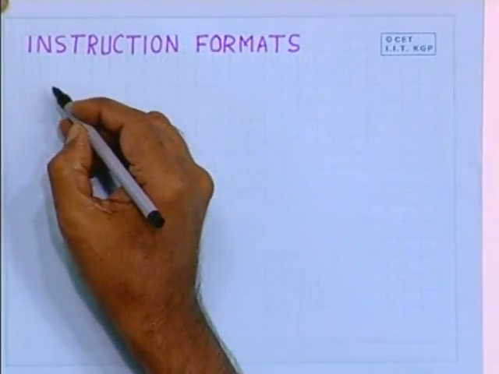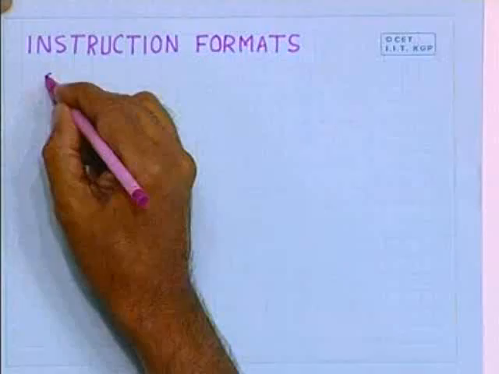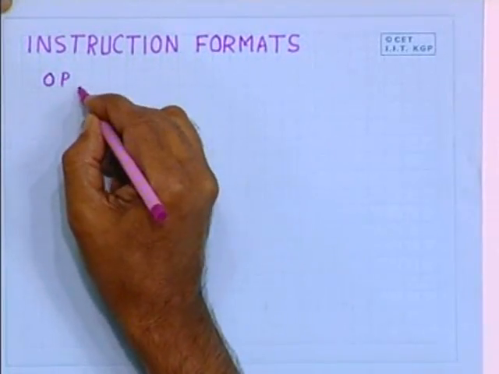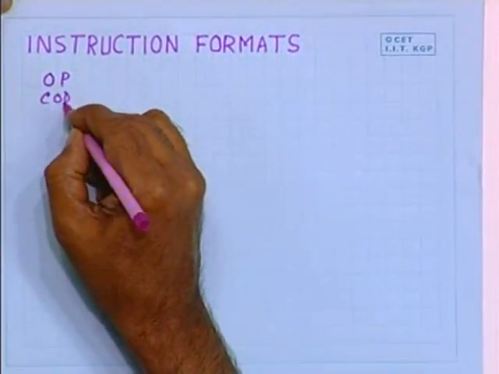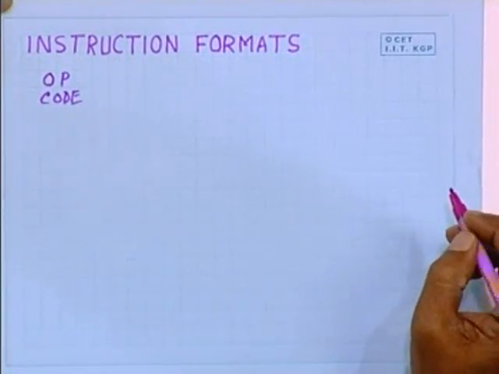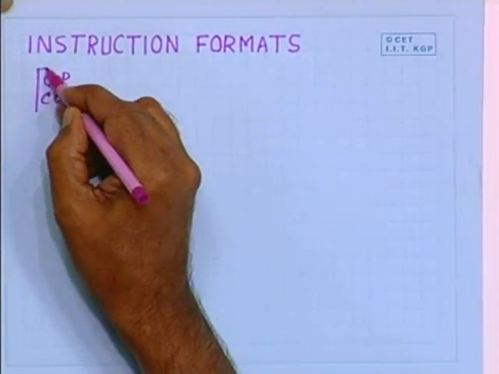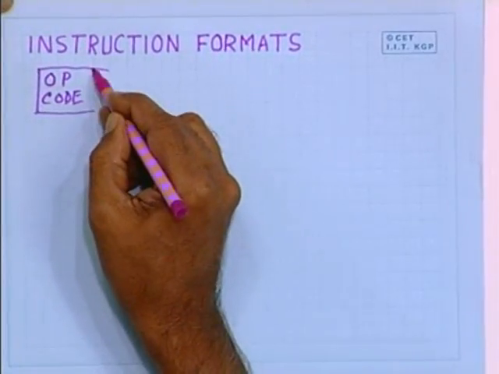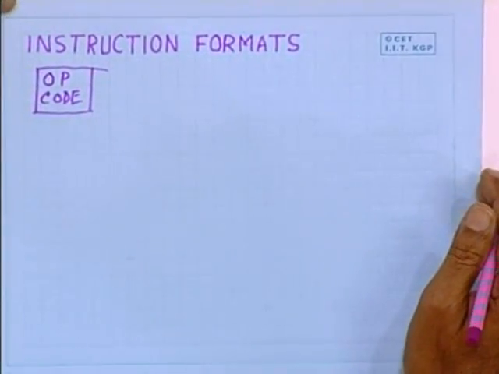Now, an instruction format has to pass on some information to the CPU. For example, an instruction format must have an opcode. So, one particular component of an instruction has to be the opcode.